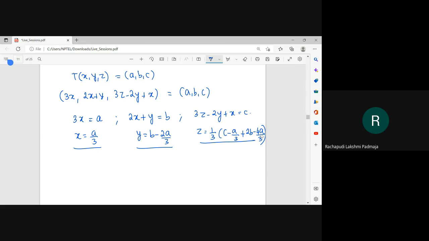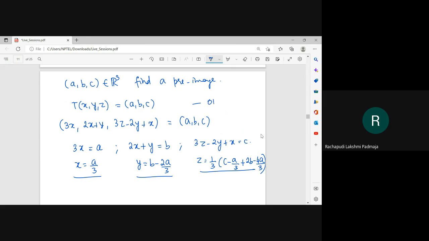Ma'am, I have a doubt. If we find like this, always we can find out the values of x, y, z in terms of a, b, c, no, ma'am? For this map, yes. Because it's onto, right? Yes, ma'am. Ma'am, can you take an example where it fails? I will do. T2, T3 is remaining, no?